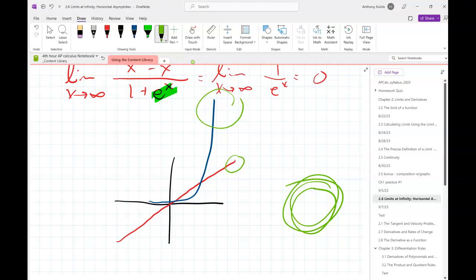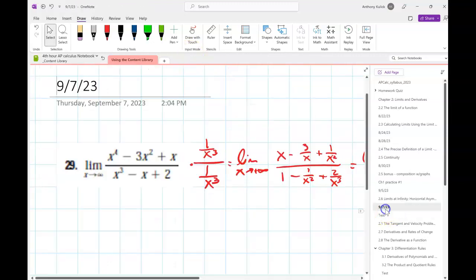It might as well just be a constant, because the difference in the rate at which they're changing is so massive as to not matter. Okay, I'm glad I remembered to come back and do that. I think that's a really useful piece of intuition to have, that it just comes down to what's getting bigger faster.